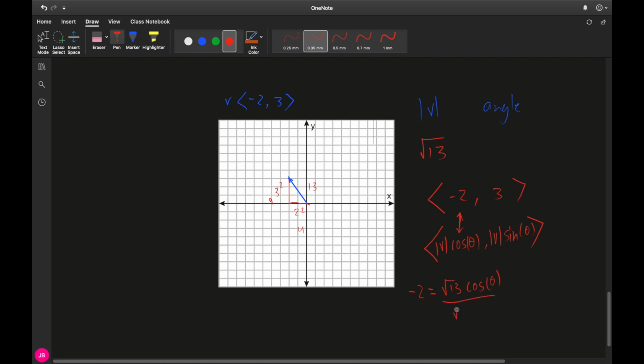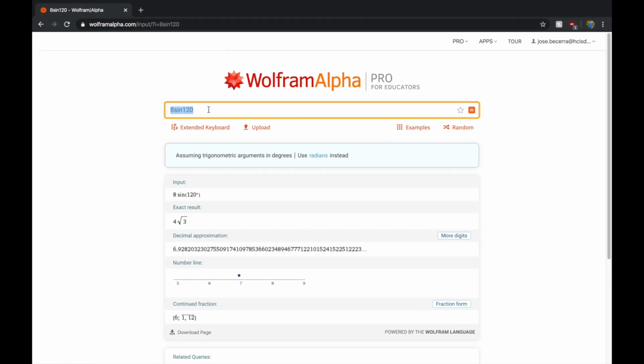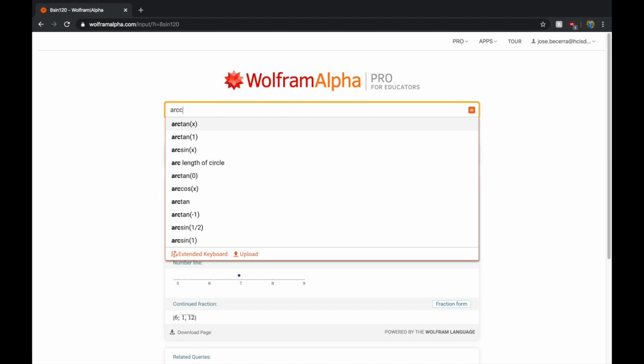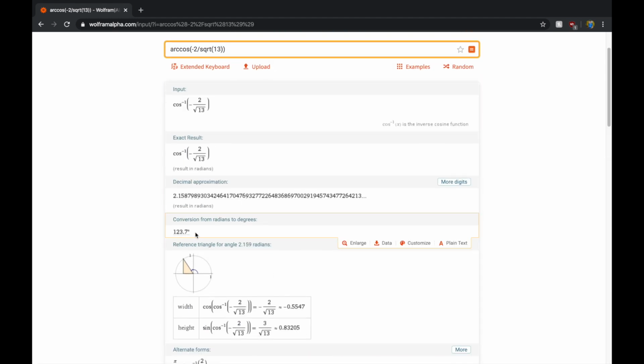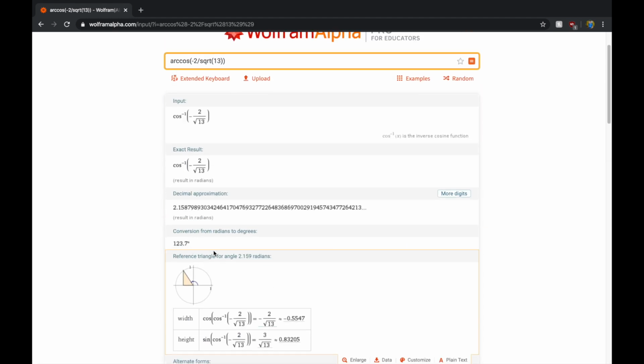So I'm going to divide by the square root of 13 on both sides, and then take the inverse cosine of both sides. That way I can find my theta by itself. That's a little bit hard to do, so you're going to need a calculator. You can write the arc cosine of -2 divided by the square root of 13, and the answer is going to be 123.7 degrees.